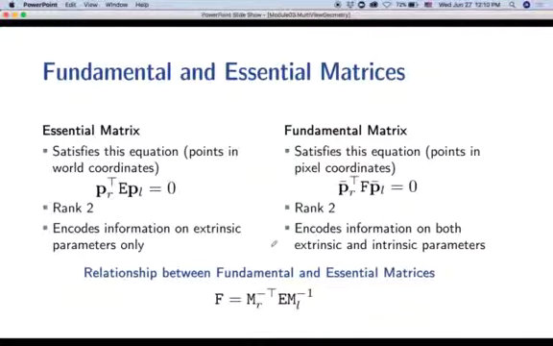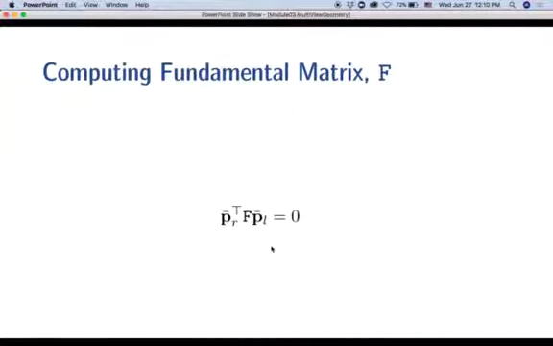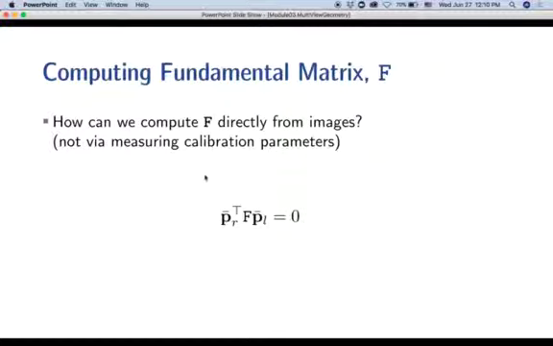Okay, now let's come to computing the fundamental matrix. If I'm given two images, how will I compute the fundamental matrix? We can compute F directly from the images.